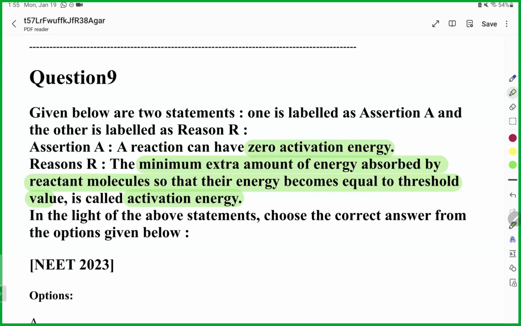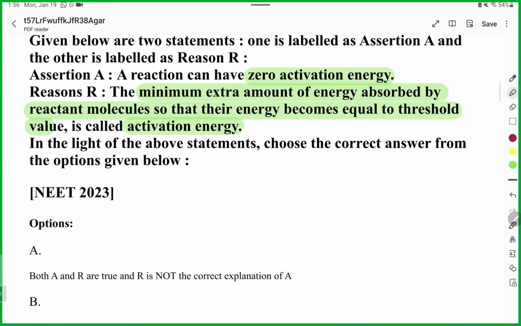Assertion is false. Reason? Yes, the definition of activation energy is true and the assertion is false. Correct? Done. Because whenever some reactant converts into product, you need minimum energy. Some energy is required. Done.